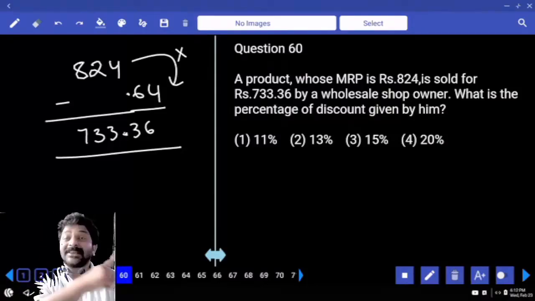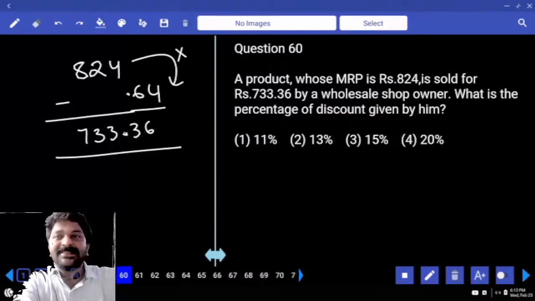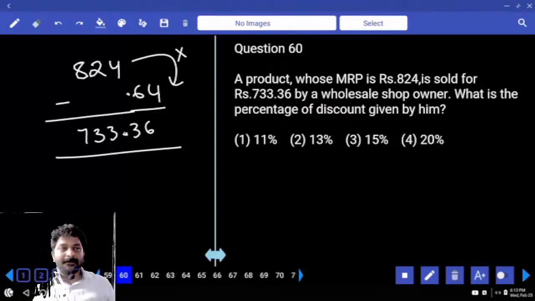That means your discount must end with either 1 or 6 only. How many options are there? Enough for me to answer the question. Got the point? Otherwise, you'll have to calculate the total discount offered, and then upon 824 you need to again calculate the percentage. Waste of your time, not required.